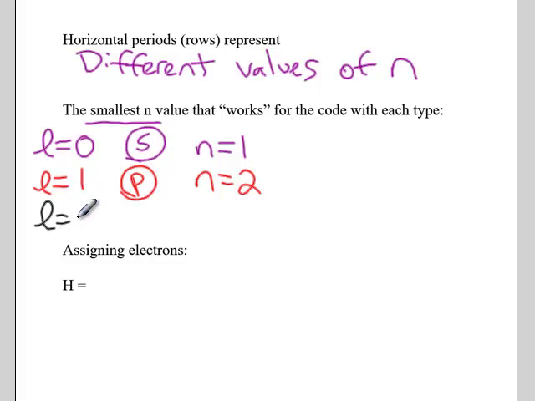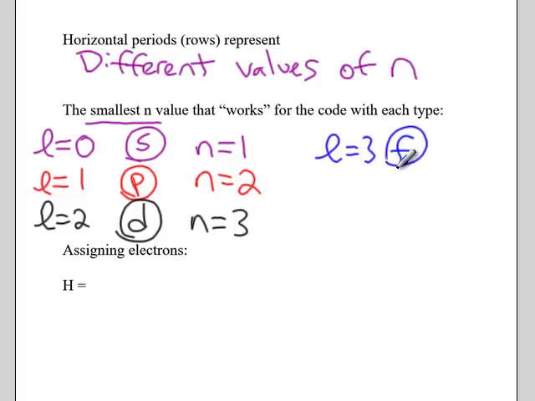If L is 2, we're talking about a d orbital, and the smallest value of n that works is 3. And if we talk about L is 3, that's an f orbital. The smallest value of n that works is 4. So, key thing to keep in mind, where do we start counting our n values?